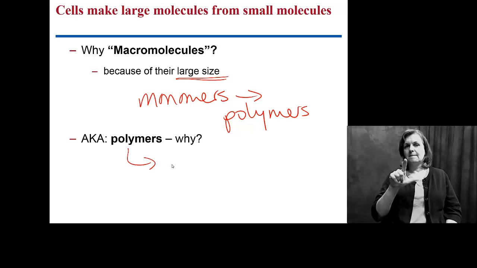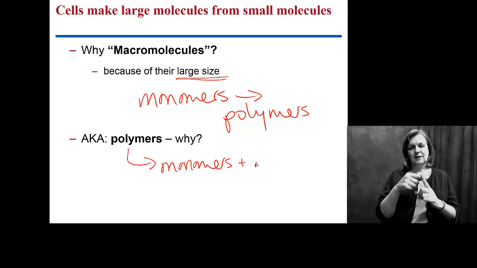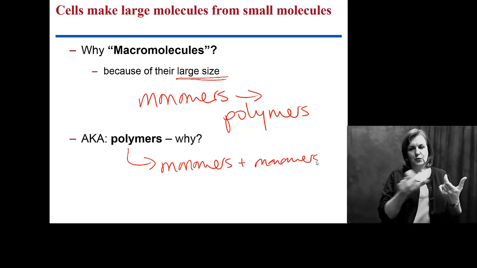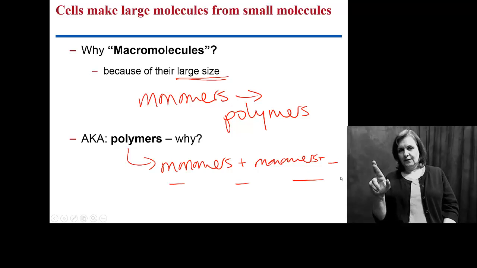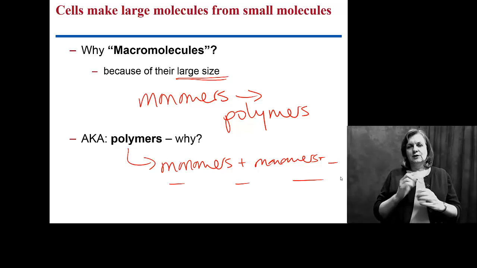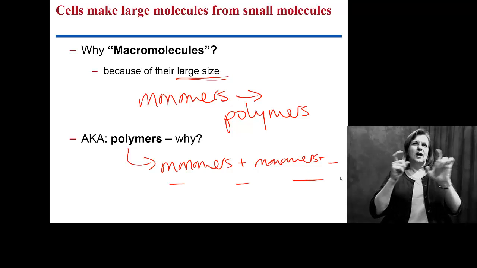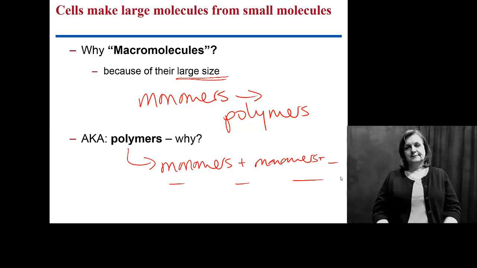So polymers are simply monomers plus monomers plus monomers, and so on and so on. Okay, so we're looking for these basic units that are going to allow us to put together these very large, complex structures that will perform a function.